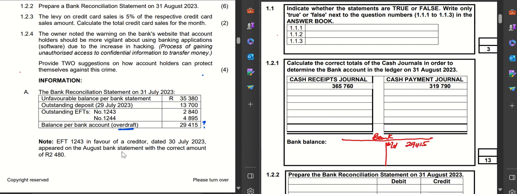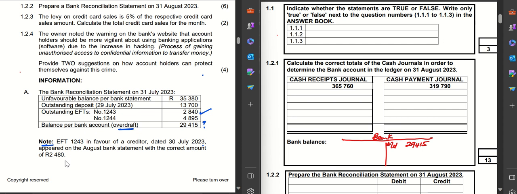29,415. Note, EFT 1243 in favor of a creditor dated 30 July 2023. So this is EFT 1243, this one here. It appeared on the August bank statement with the correct amount of 2480.